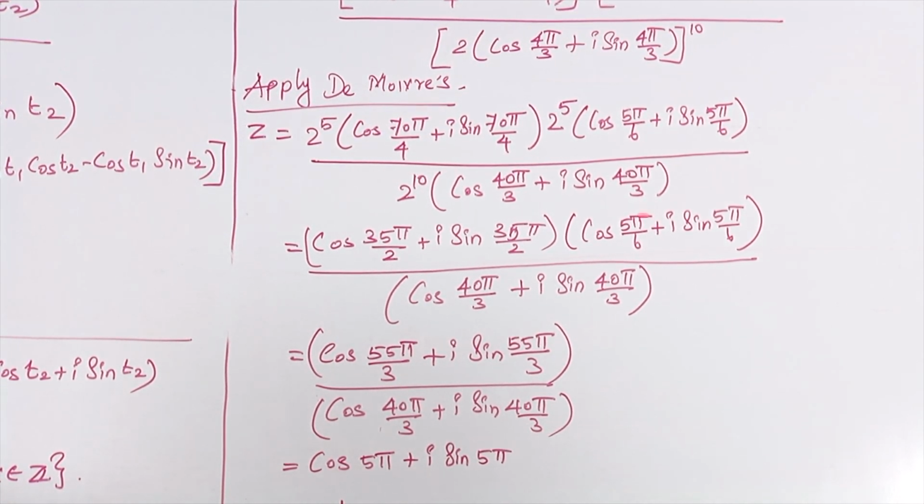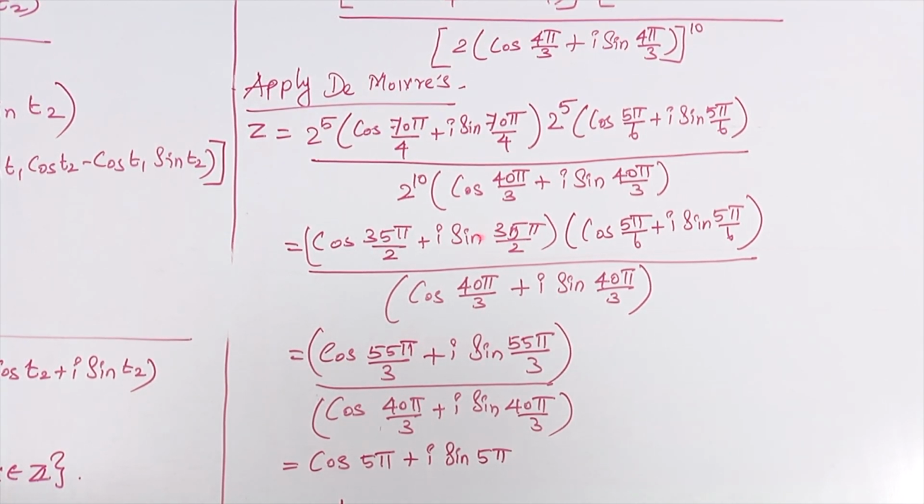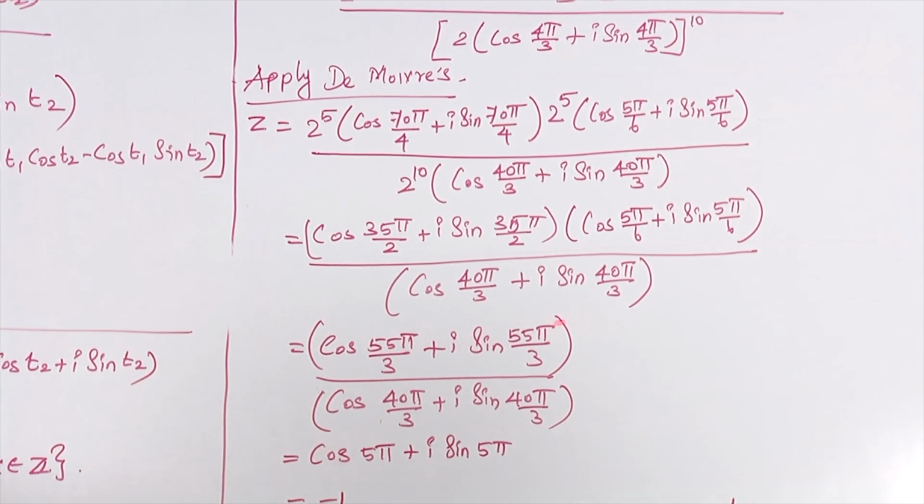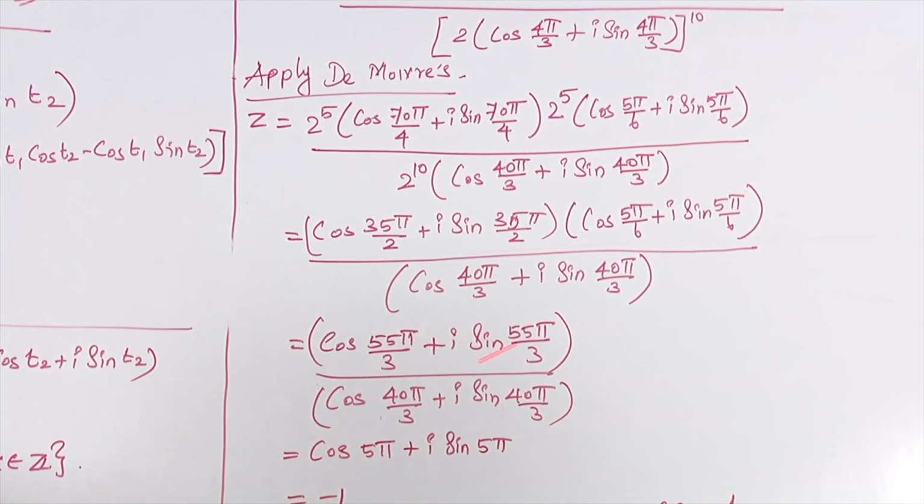We merely add the arguments together. So here it is 35 by 2 plus 5 by 6. Now if you do the LCM, all the mathematics, you will arrive at cos 55 pi by 3, and the same goes here, because they are the same. So 35 by 2 here and 5 by 6 here as well. Once again 55 pi by 3, and in the denominator it remains the same.